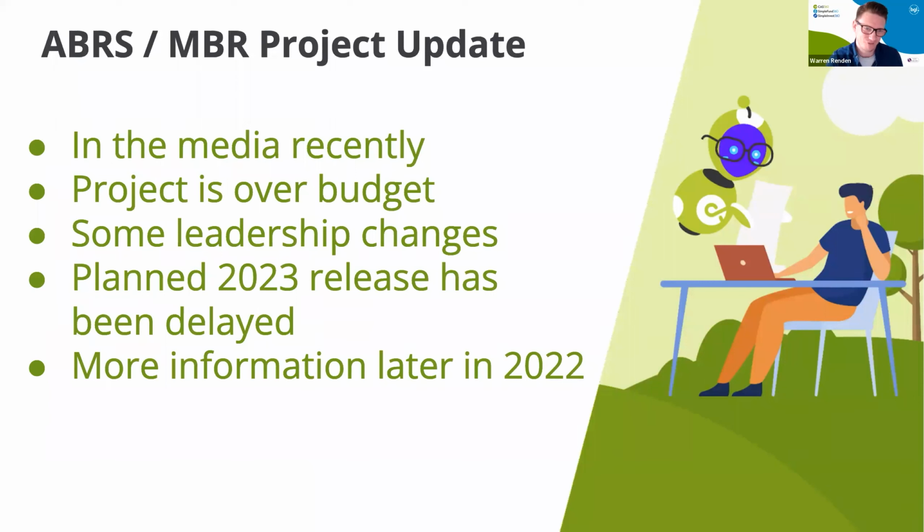But if a person has been appointed as a director for the first time since the 1st of April, they may have received a letter from the ABRS telling them that they need to complete their director ID. So they do need to do that, and everyone is going to need to do it by the 30th of November.